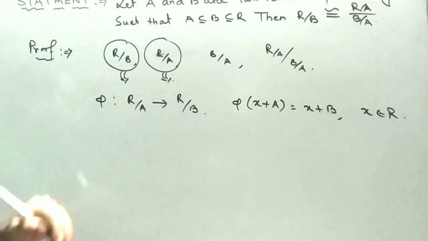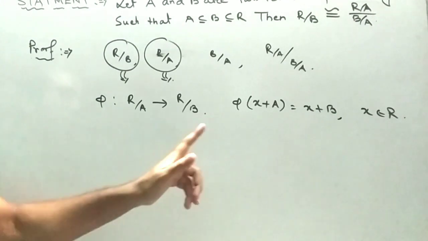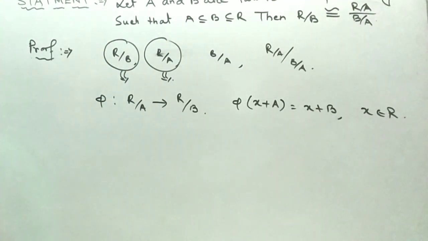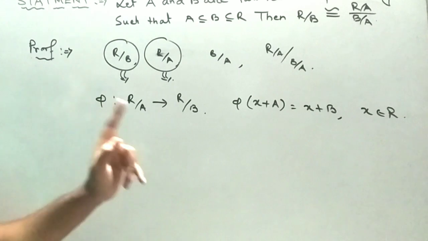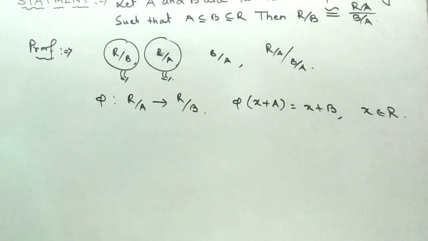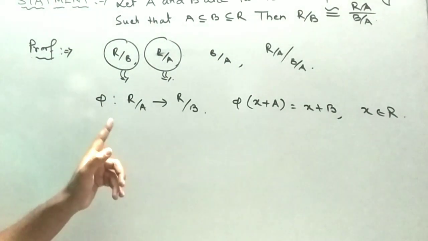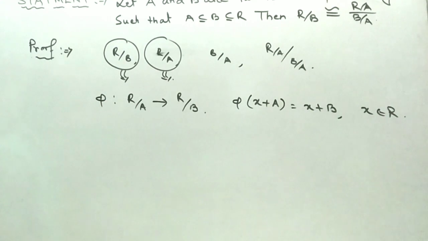And we have to show this mapping is well defined, this mapping is onto, and this mapping is a ring homomorphism. Clear?